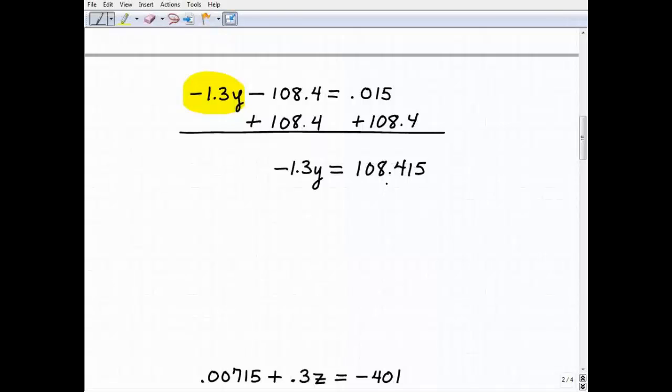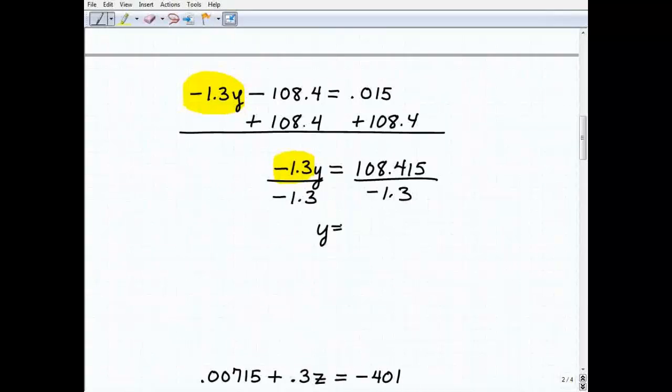We took our first step, so our second step is going to be solving for y by dividing both sides of the equation by this negative 1.3. After we do that, we will get the solution.